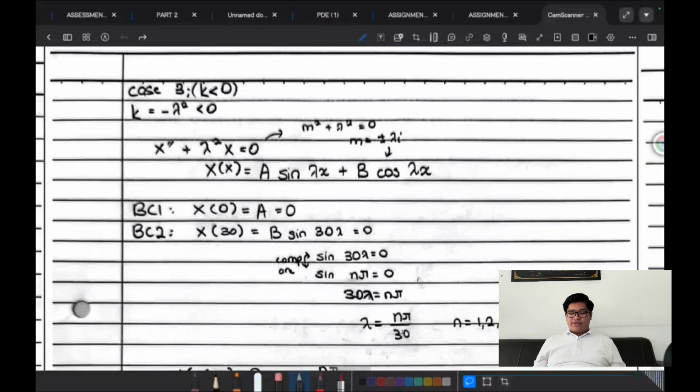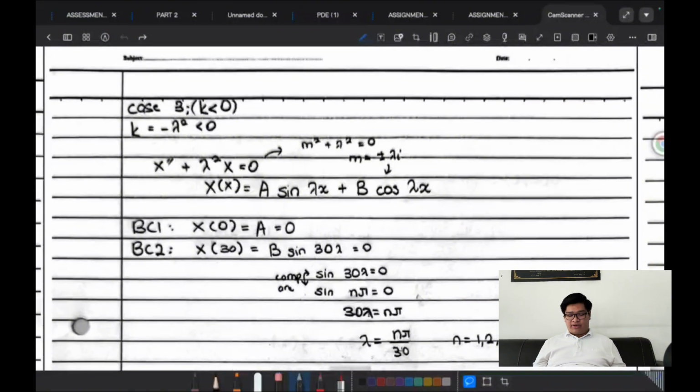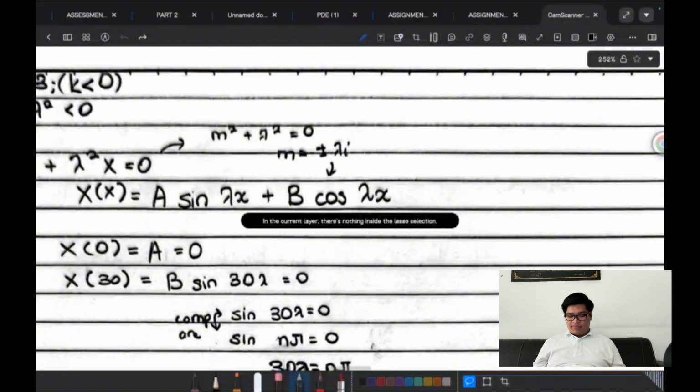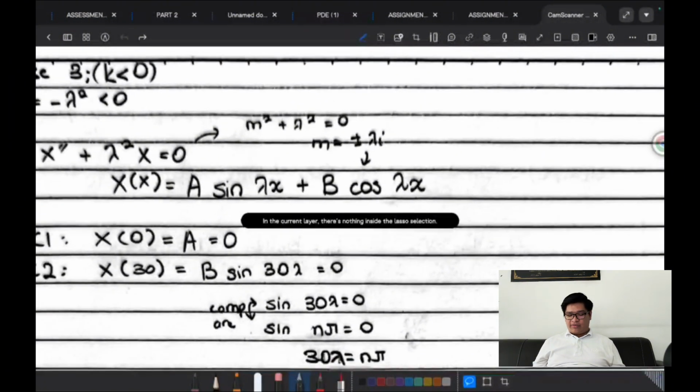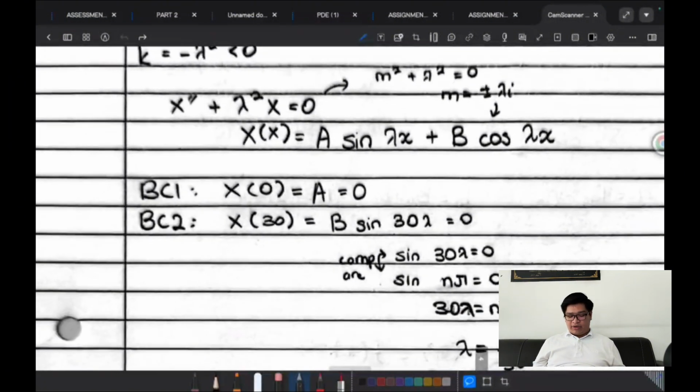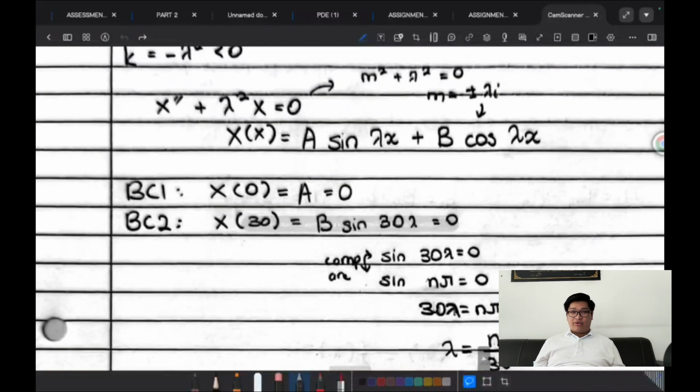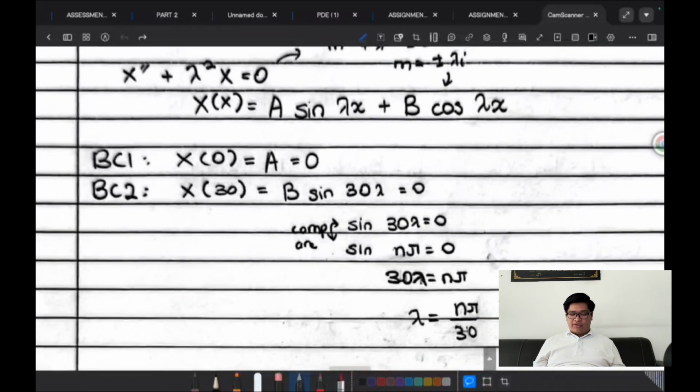Okay, case 3, when k is less than 0. So we use k as negative lambda square because it is less than 0. Substitute for the x term, we get X double prime plus lambda square X equal to 0. And we can get it into a sine lambda x plus b cos lambda x. When substituted into the boundary condition, we get X(0) is equal to 0, so a is equal to 0.